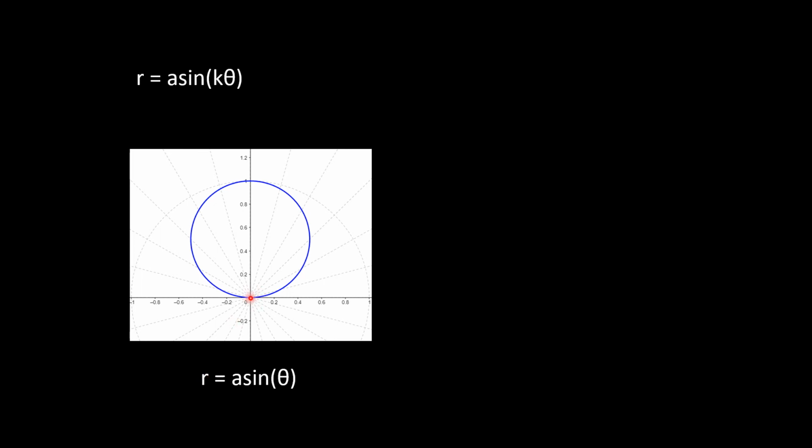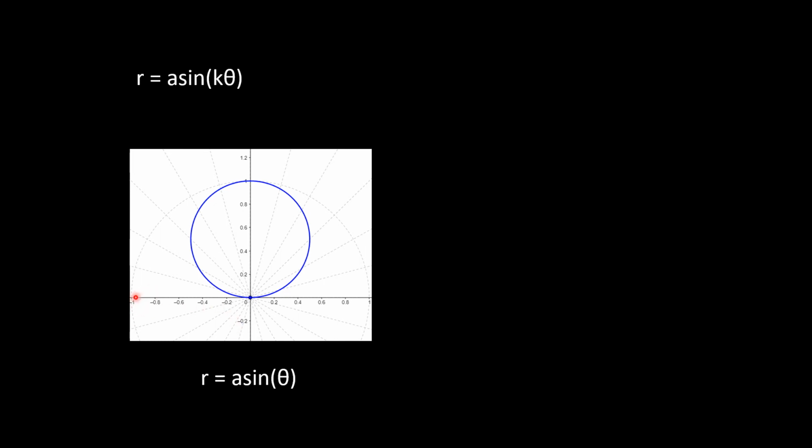That will be the pole. For increasing angles up to 90 degrees, the value of sine theta increases and the maximum is 1 at 90 degrees, so r will be equal to a. For angles from 90 to 180, the value of r will decrease and it will become 0 at 180.